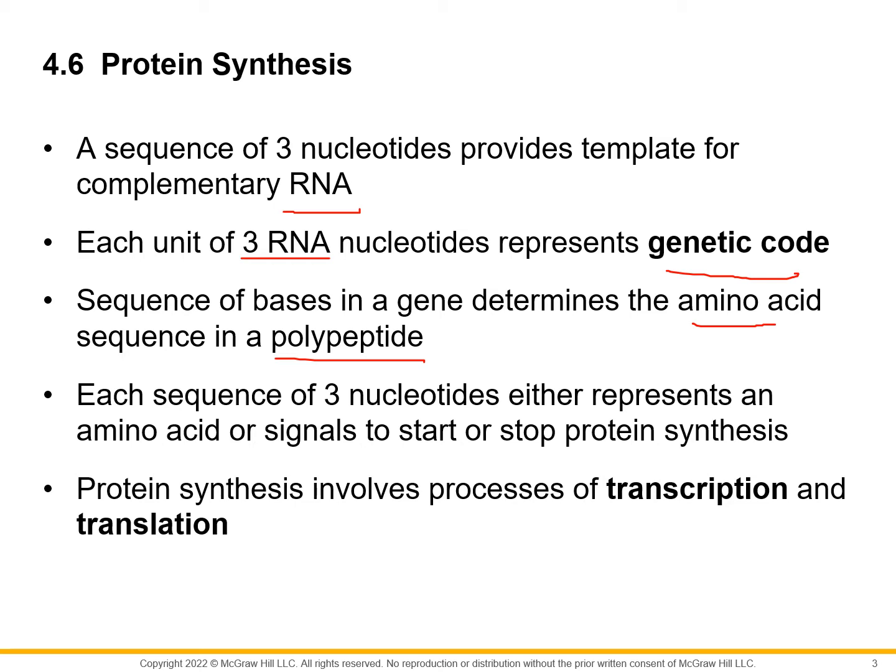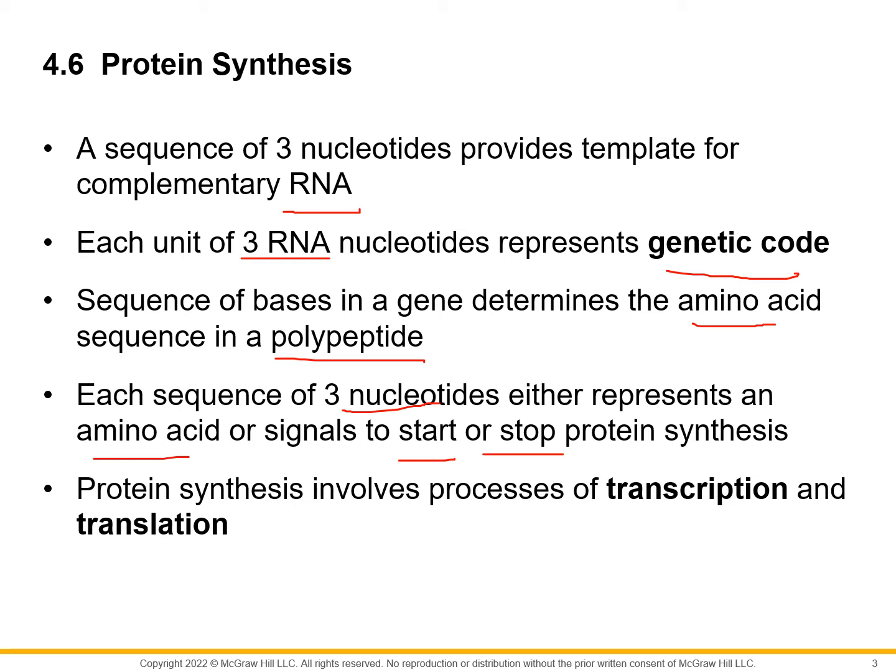So anyway, each sequence of 3 nucleotides either represents an amino acid, or it could signal the start or stop of protein synthesis. Remember, the gene is a specific section of the entire genome, but that gene is the information to make one protein. And so we will have little 3 nucleotide sections that are a start and stop area, but in between there is the information.